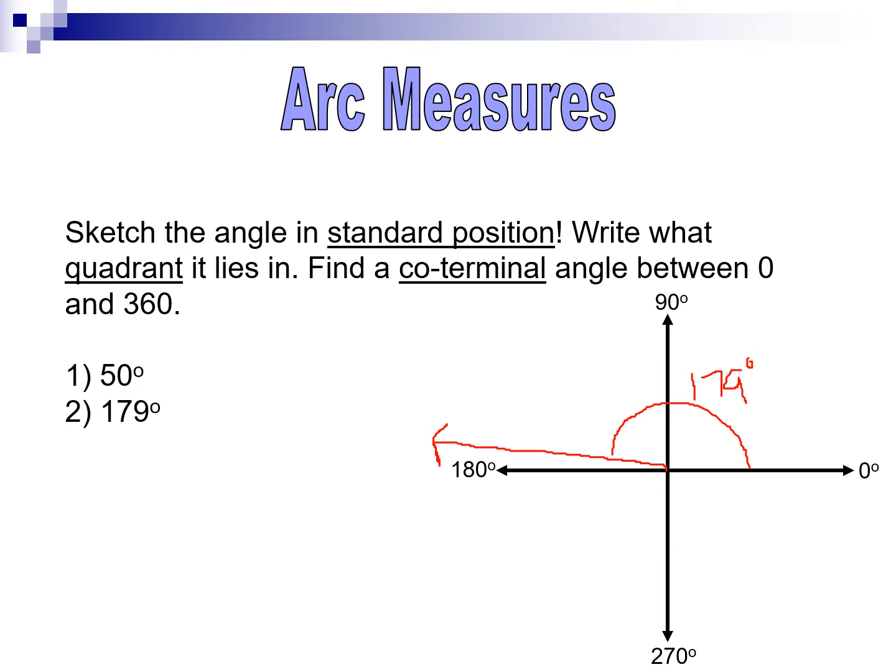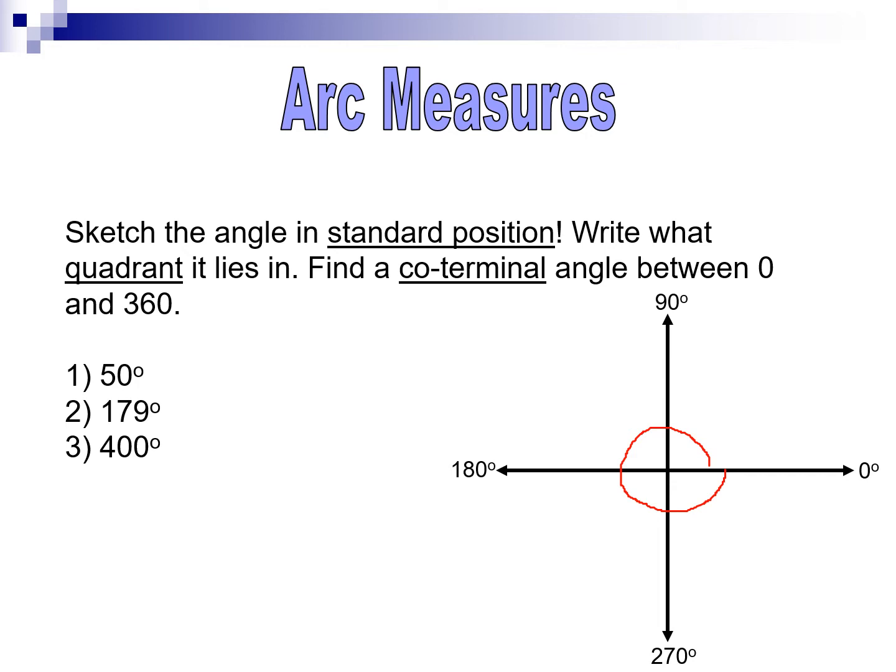All right, let's go ahead and do another example. 400 degrees. Now if you notice, 400 degrees actually wraps around the whole coordinate plane once, and then it has a little bit more.